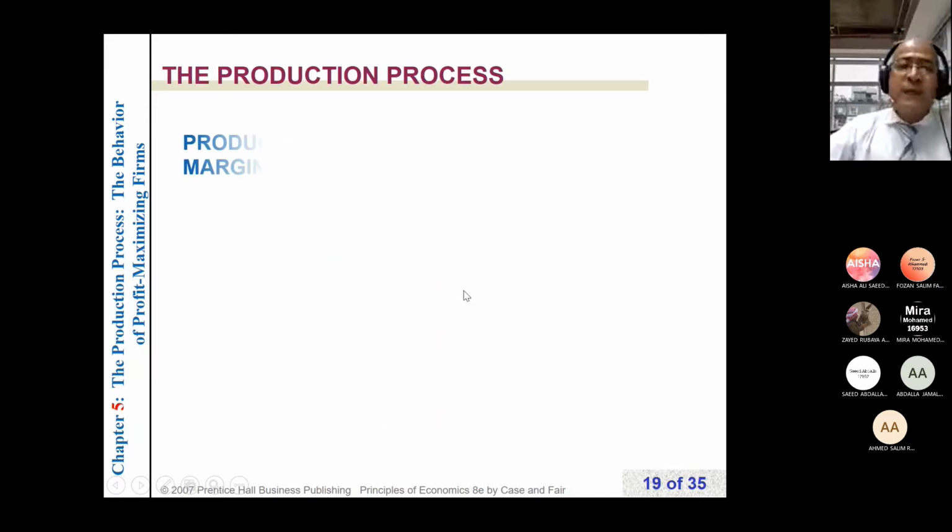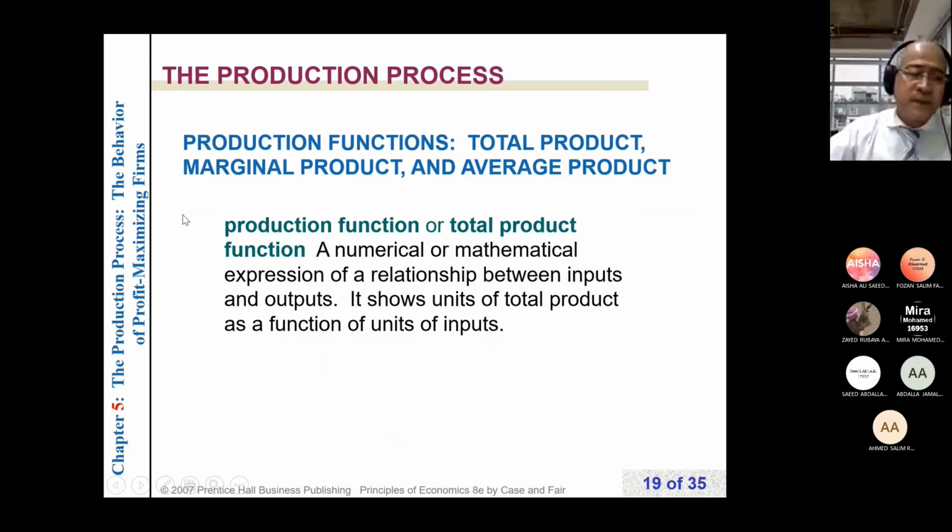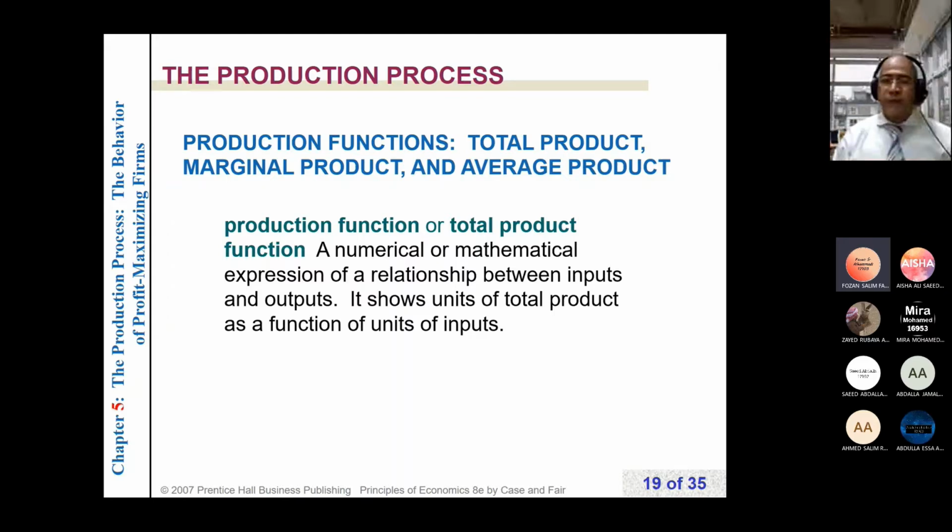What is the production process? It can be summarized by a graph or by an equation. Production function, or total product function, is a numerical or mathematical expression of a relationship between inputs and outputs.